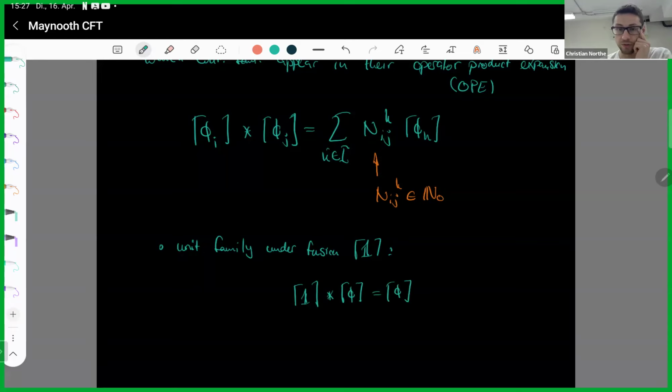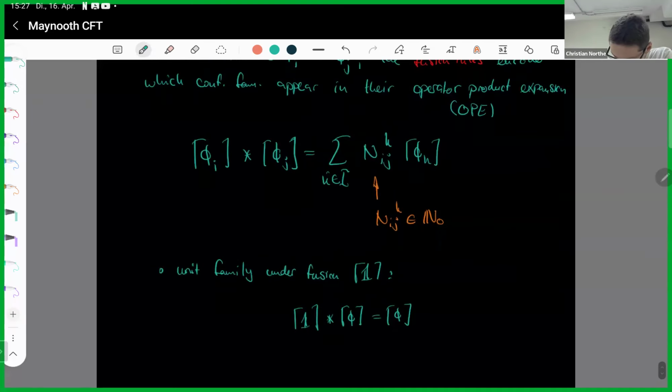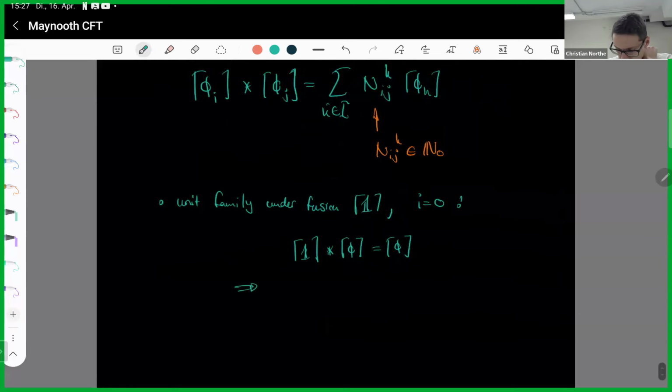I really just return to the family itself. This family, I forgot to say, is going to be denoted by I equals 0. I equals 0 stands for the unit family from now on. And if you recast this in the sum notation of above, these are called fusion coefficients.